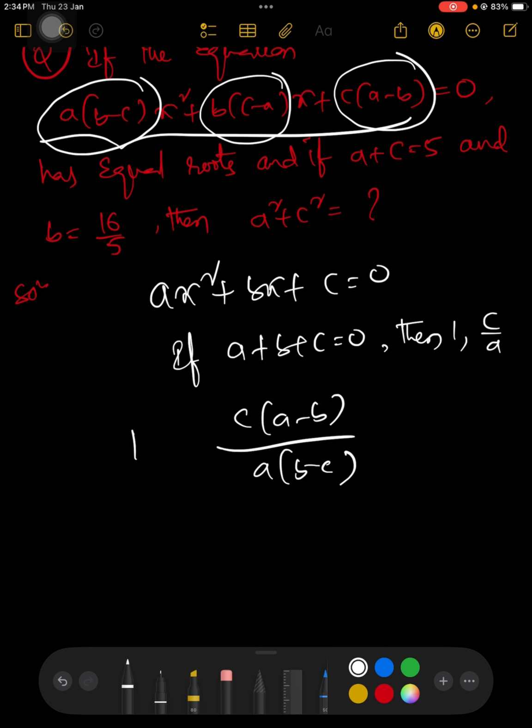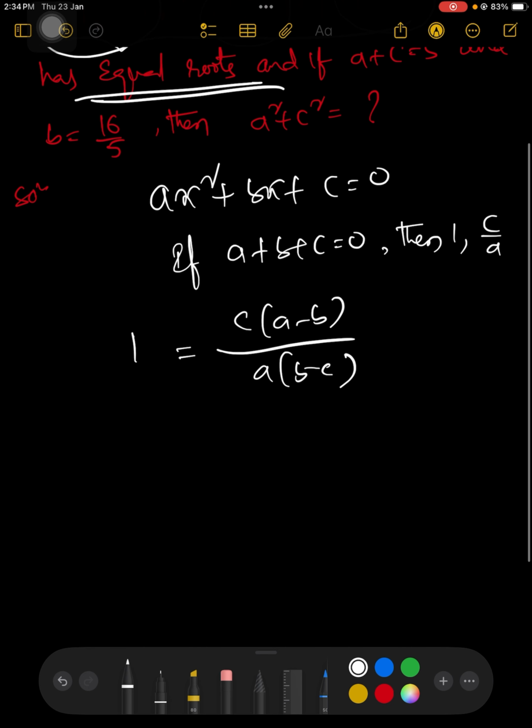And they have given that the roots are equal, that is, both roots are equal. Now ab minus ac equals ac minus bc.